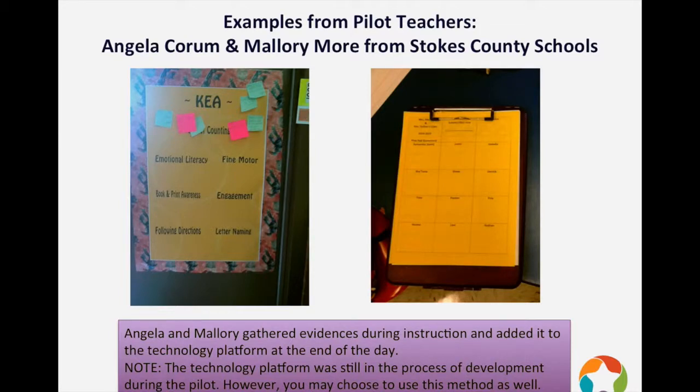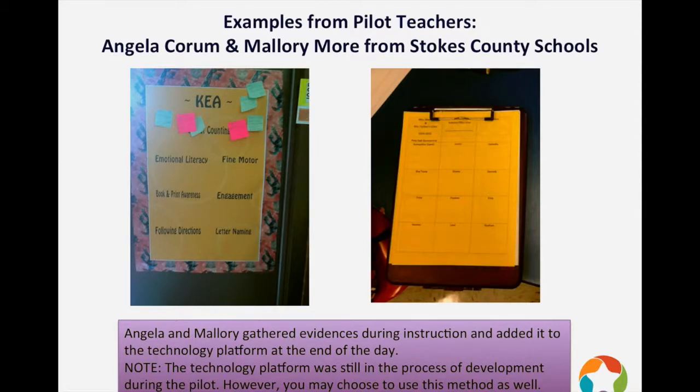During the pilot, let's go back to what Angela and Mallory were doing from Stokes County. Here are examples. There was a KEA chart hanging in Angela's classroom where she was able to put the chart on the wall and add sticky notes when she noticed that they were doing things like object counting.